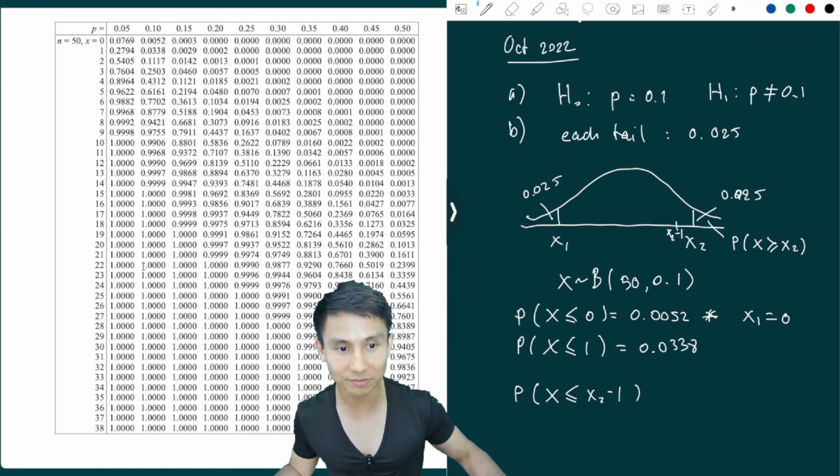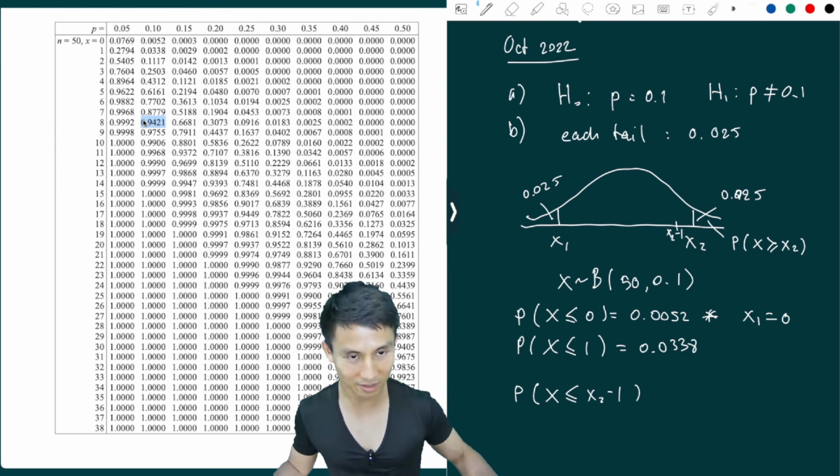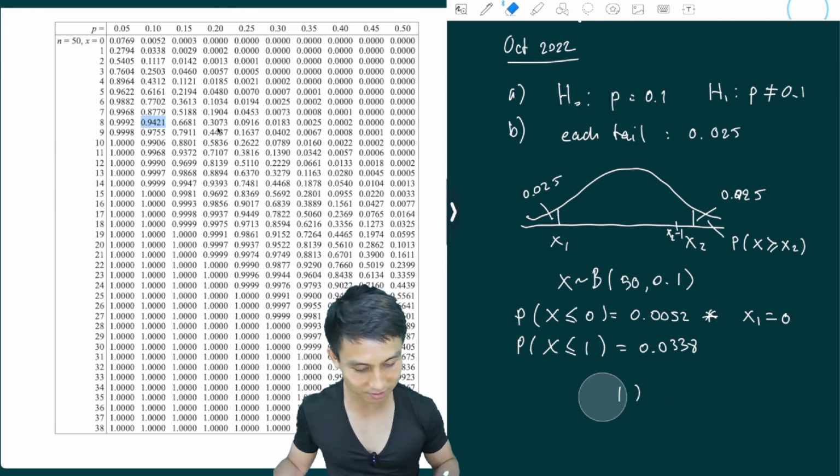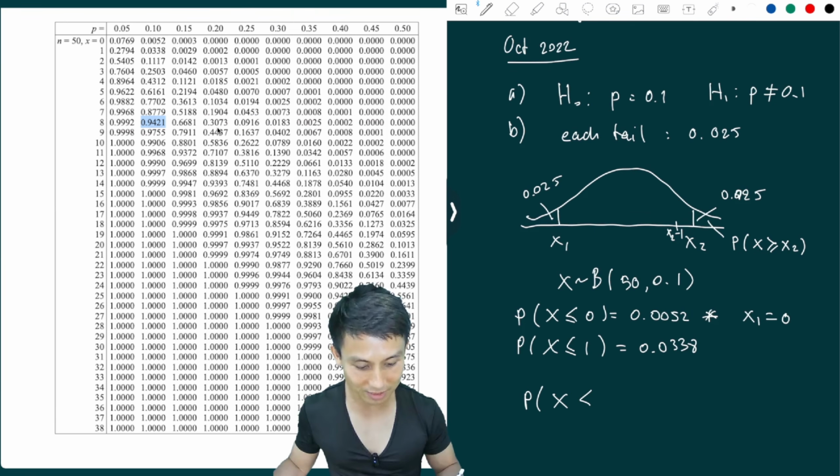If we look down, the ones near 0.975, this one is already bigger. So I've got to choose these two and discuss. That one I'm going to write: P of x less than or equal to 8 gives me 0.9421.